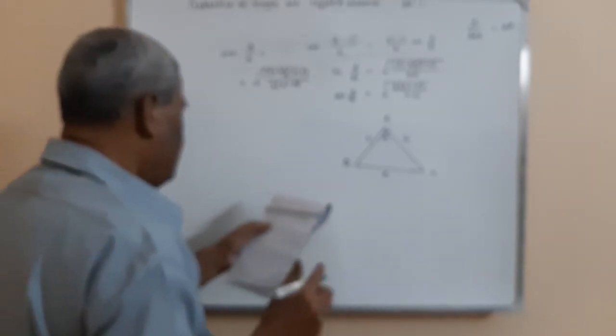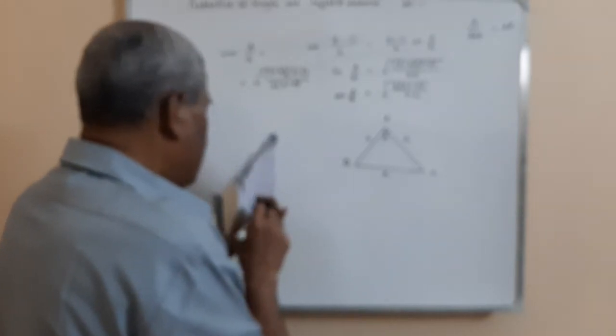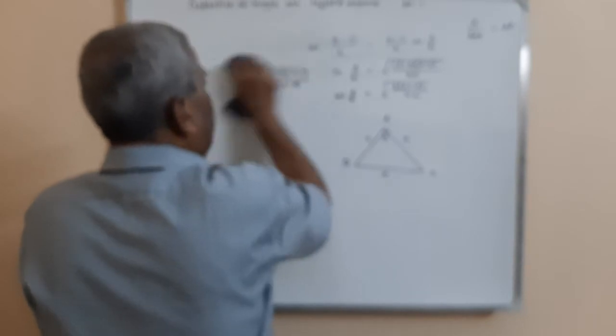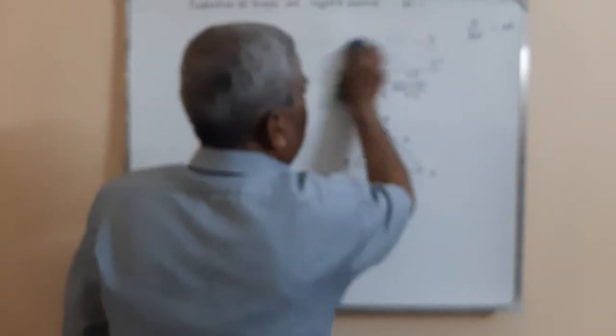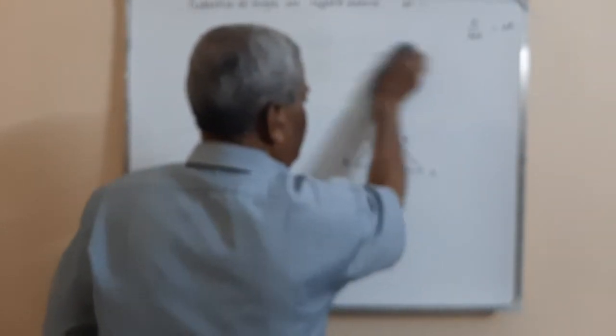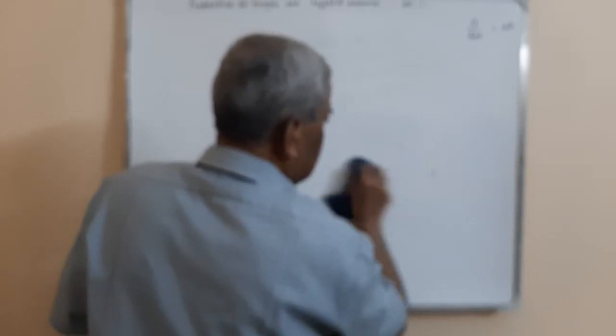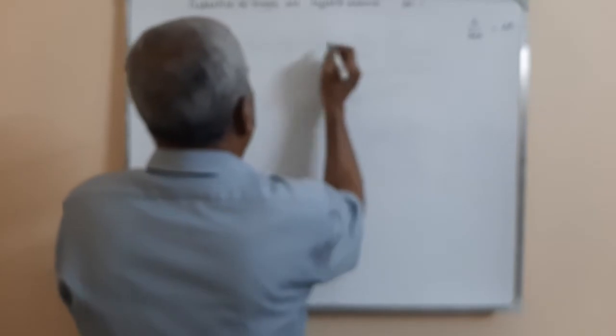The next formula is relating to the area of the triangle. Normally, the area of a triangle is denoted by delta.